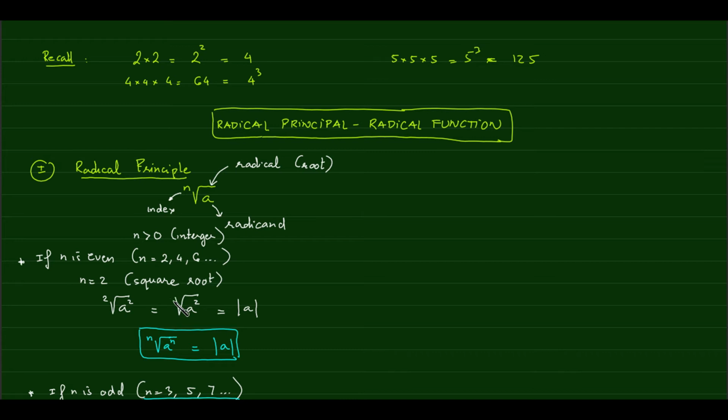And the square root of a squared always gives you the absolute value of a. So in general, if n is even, the n-th root of a raised to the n always gives you the absolute value of a.